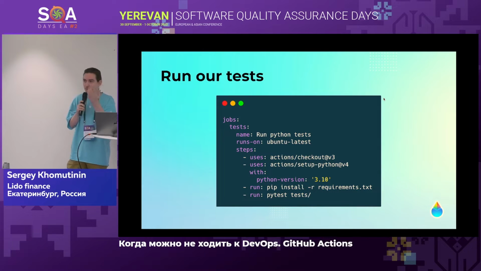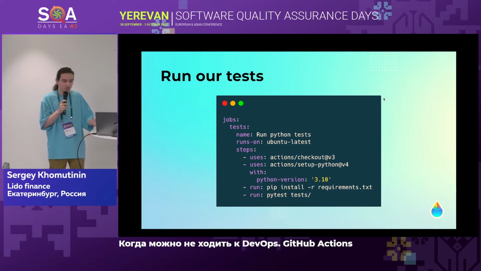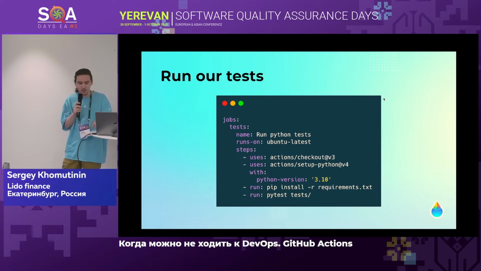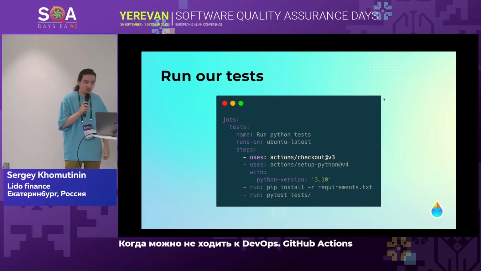It's launched on Ubuntu latest. In Python, first we need to check out the repository, install Python to run our tests on, and that's it. We can start running tests and do reporting. These 4 steps are all that it takes.